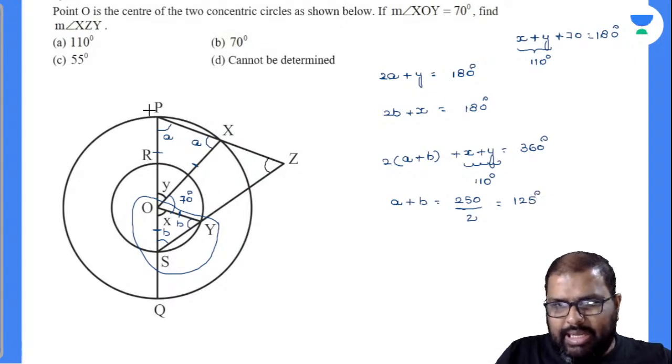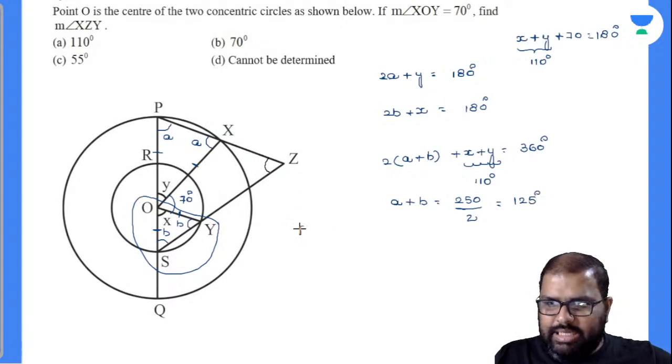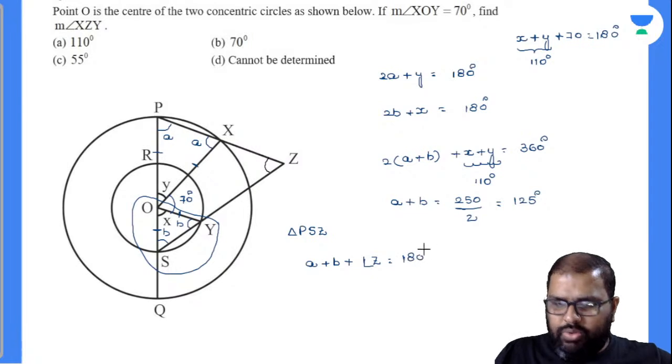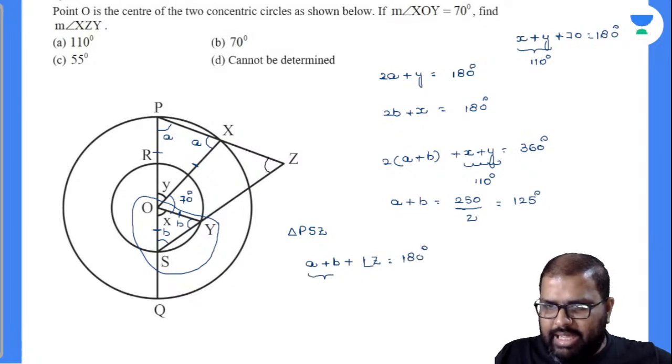Now observe triangle PSZ. Angle A plus angle B plus angle Z is equal to 180 degrees. And already you have calculated this A plus B as 125 degrees. So what will be my angle Z value?